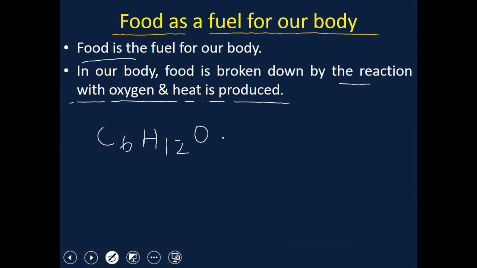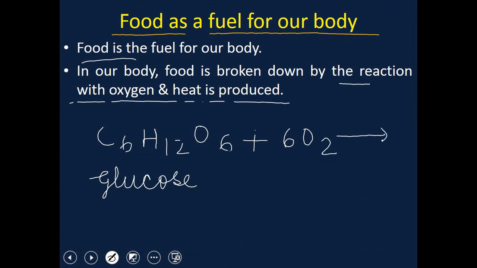After different processes of digestion, the digested food is converted into glucose. It undergoes combustion with the oxygen which we have inhaled during respiration. So you can see the process of combustion is taking place in our body also.